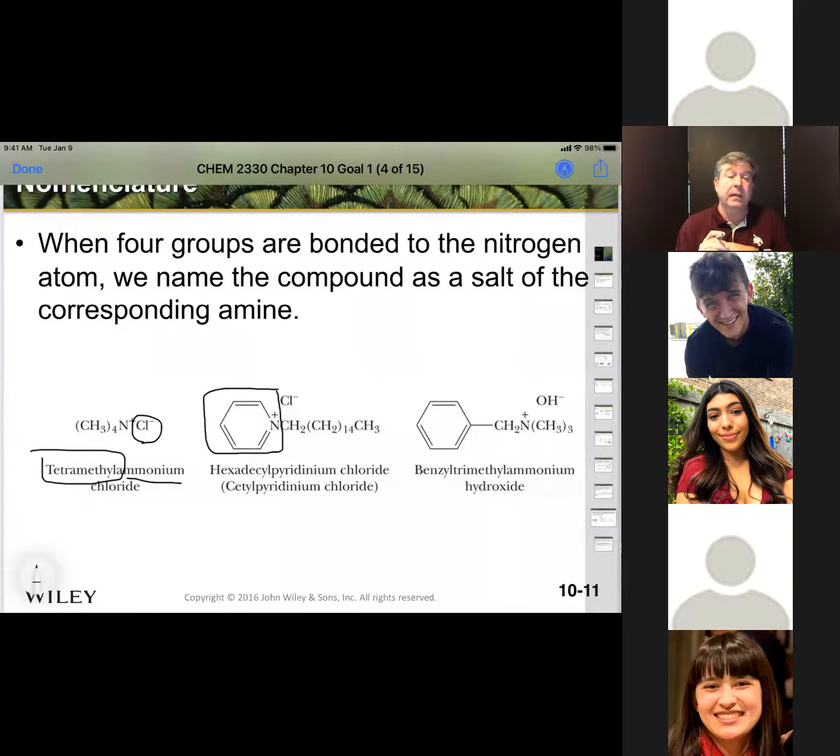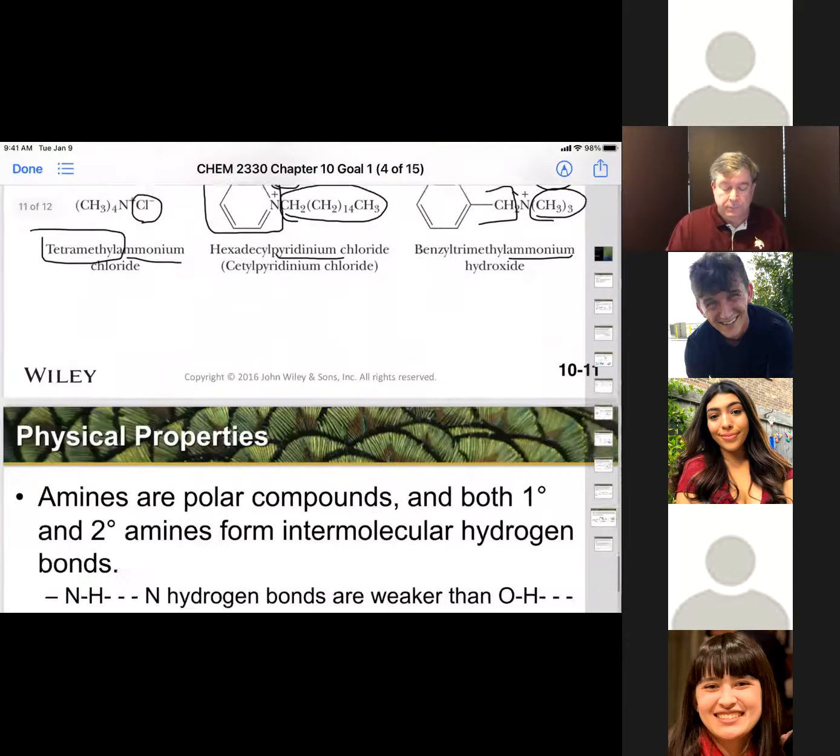So in this case, it's the pyridinium ion right here. The fourth attachment is this hexadecyl group here, and then the counter ion. And here, this is a benzyl group, so it's not changing it. So we have a benzyltrimethylammonium, and then our counter ion is hydroxide. So whenever you see a salt, look for an -inium at the end. If it's not an aromatic ring, it'll typically be ammonium. If it is an aromatic ring, then it's going to be named for that aromatic ring.